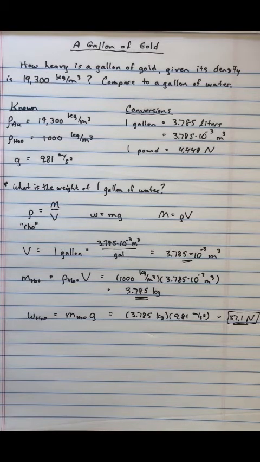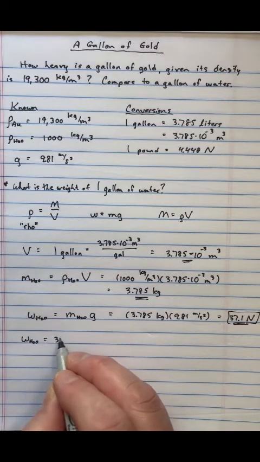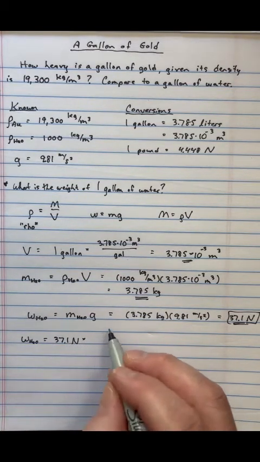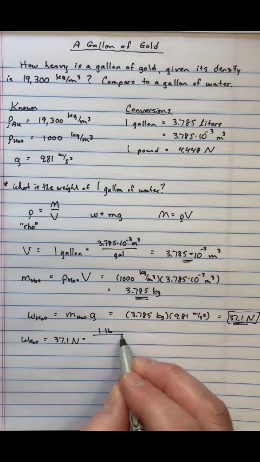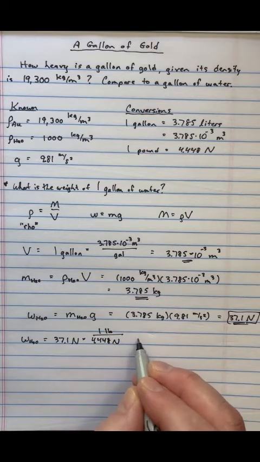Now, again, to give this a little bit of a flavor that American listeners will more appreciate, let's convert that into units of pounds. So, weight is 37.1 newtons, but it's 1 pound for every 4.448 newtons.